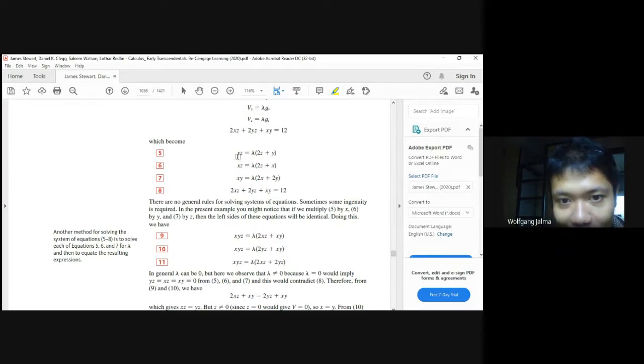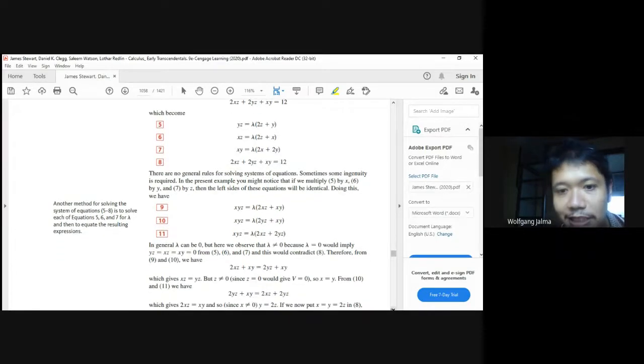This one is yz, so I multiply with x to get xyz, and the right also multiplies with x, so it becomes this. So the left part all becomes xyz, and the right part becomes this. And now you just solve it using linear algebra basically.